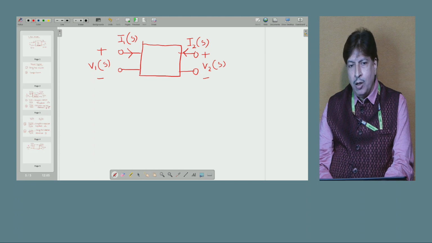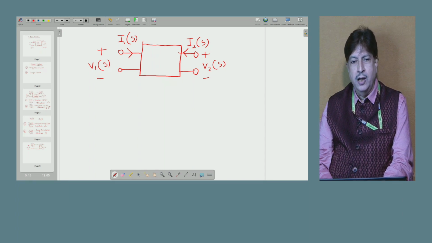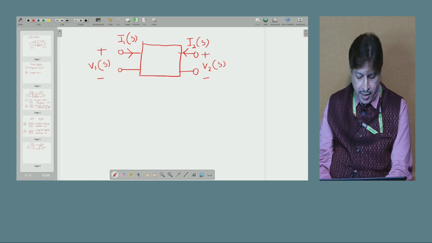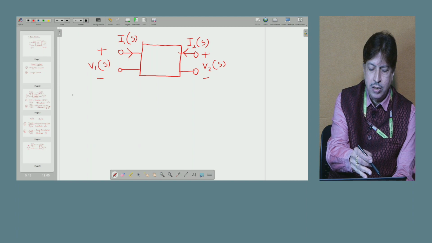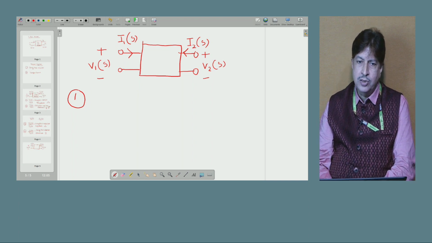They don't belong to the same port. Then we say that network function is a transfer function. Accordingly, let us identify the various possible transfer functions, give a name to each of them, and also identify the unit of each.